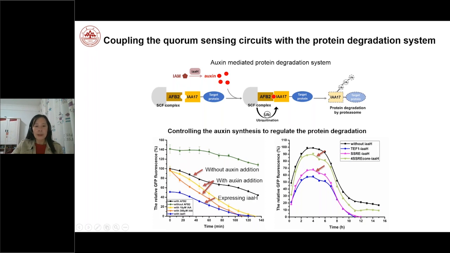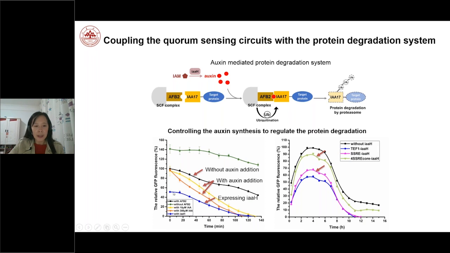That's why we can see the protein degradation to some degree. But when we express the enzyme which can catalyze IAM to auxin, we can control the auxin synthesis and then control the protein degradation rate.